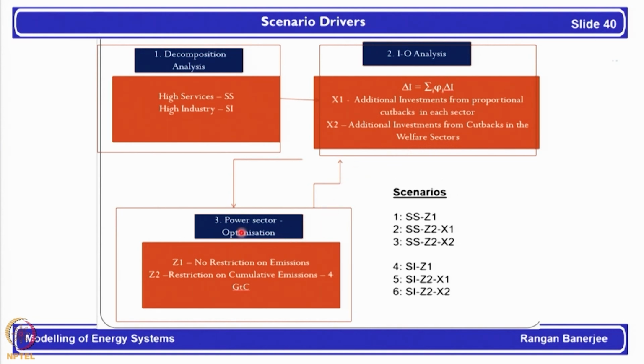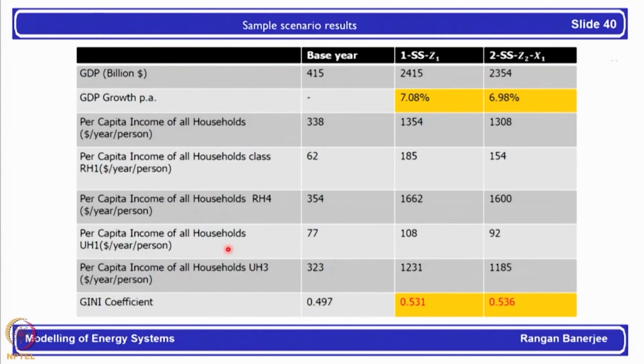In the power sector, we ran two scenarios: one where there is no restriction on emissions and we go for the minimum cost, and one where there are restrictions on emissions, and the initial investments may be higher. Based on that, we could see under these scenarios what happens in terms of the growth rates and the per capita income, and interestingly we can also see the difference in the Gini coefficient.